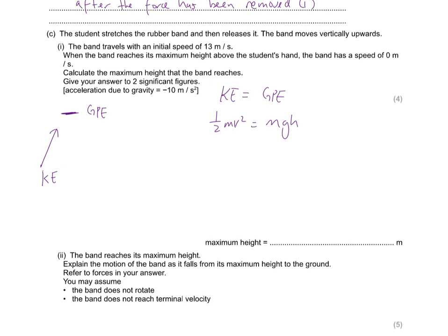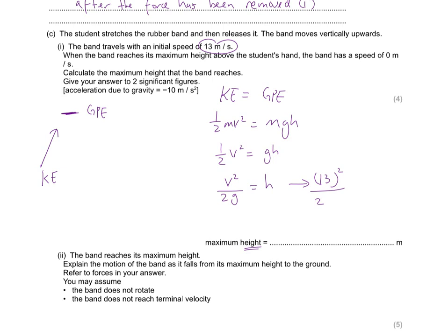So now the mass cancels out because it's the same rubber band. So we're left with half v squared is equal to gh. Now we need to work out the height. This is just quick math. So half is there, the g goes down, and we're left with h. So v, we know v is 13, squared, divided by 2.